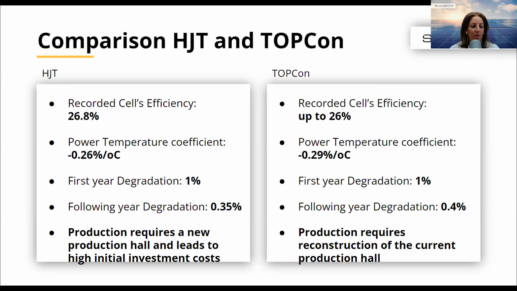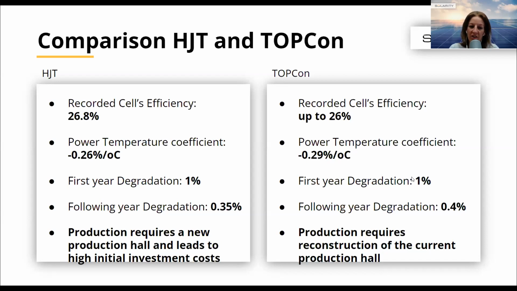Please don't forget that recorded cell efficiency is not the module efficiency, which is usually about 2 to 3% lower, if I'm right. And once more, the biggest difference is in the initial investment cost.